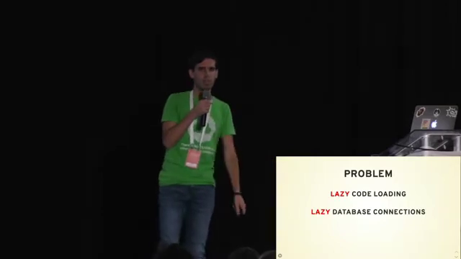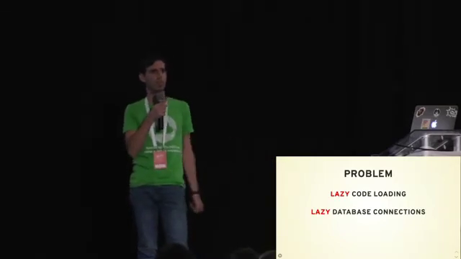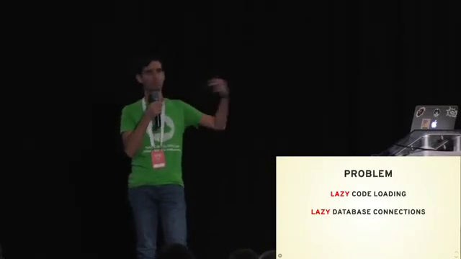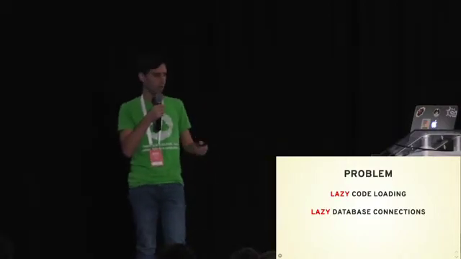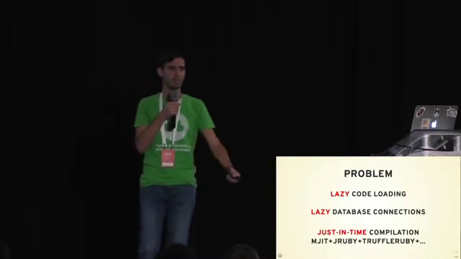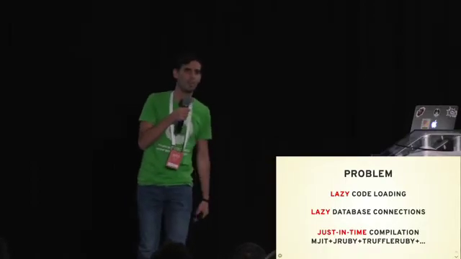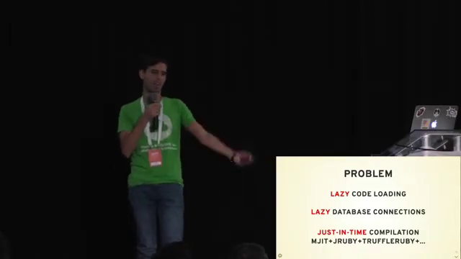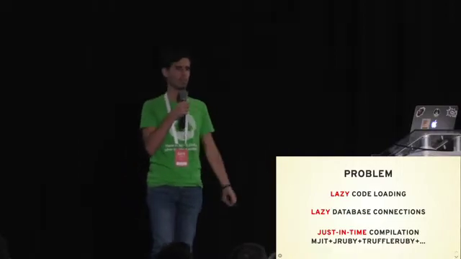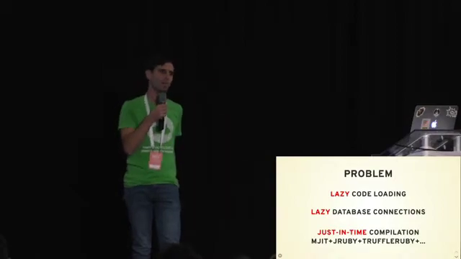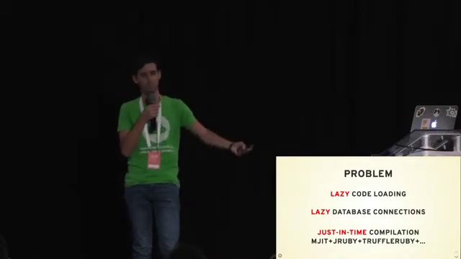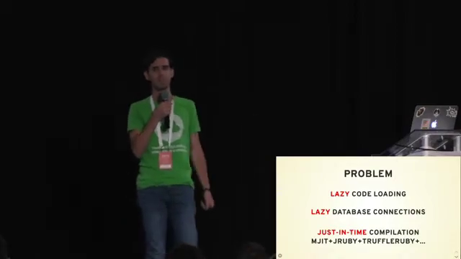Maybe you have lazy database connections. So the first request is the one that pays all the round trips to start all the database connections, all the logging, blah, blah, blah. Or maybe you're using a just-in-time compilation version of Ruby, like MJIT or JRuby or TruffleRuby, and you know that the first few requests or first tens or hundreds of requests will pay a lot in latency.